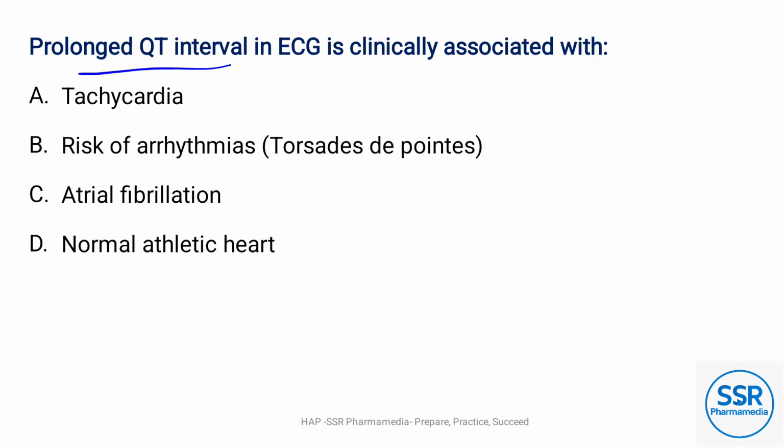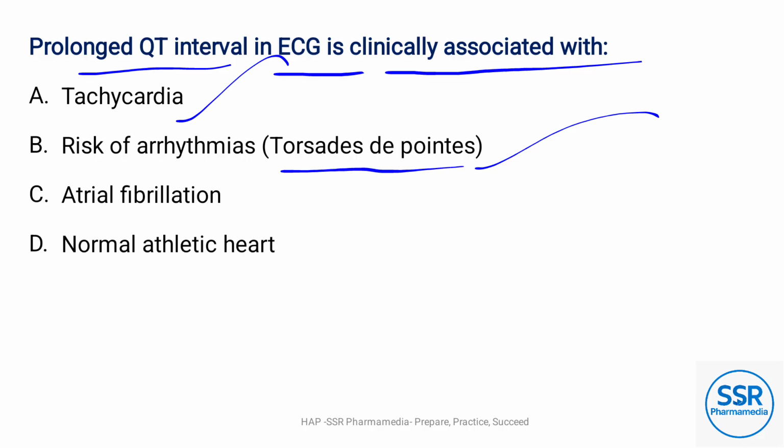Next, a prolonged QT interval in the electrocardiogram is clinically associated with option A, tachycardia; option B, risk of arrhythmias, torsades de pointes; option C, atrial fibrillation; option D, normal athletic heart.